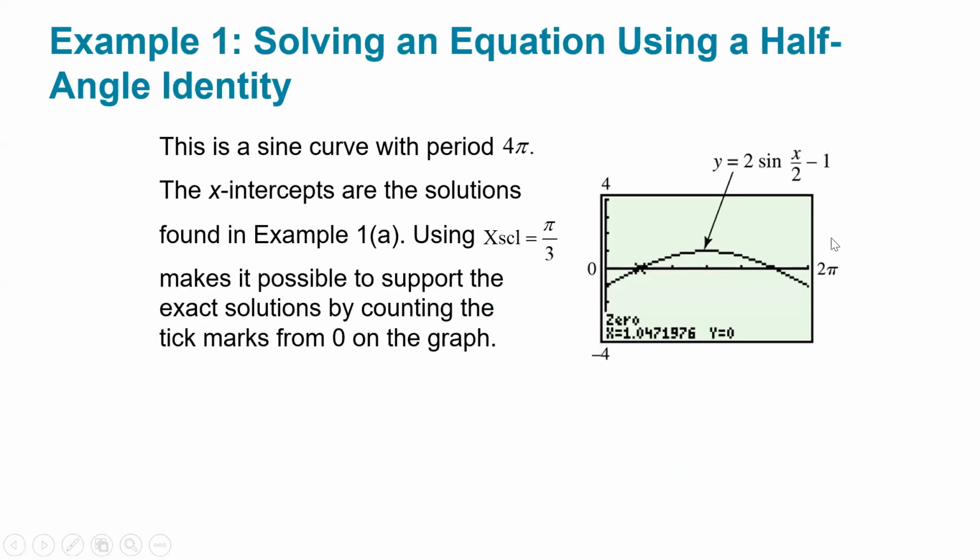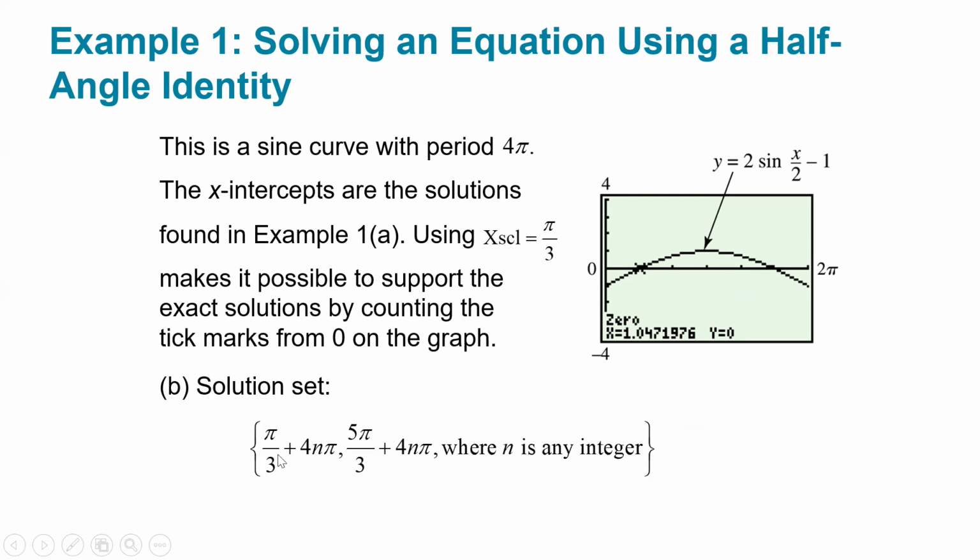So let's look at it graphically. In the calculator, if I graph y equals 2 sine x over 2 minus 1, I would be looking for when I'm hitting those points. It happens every 4 pi. I also know it's every 4 pi because my period is 2 pi divided by b.